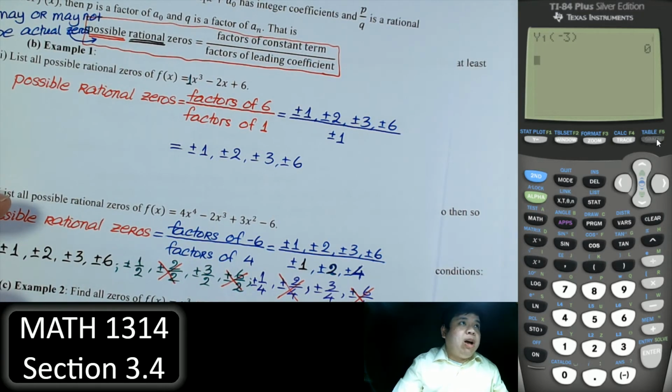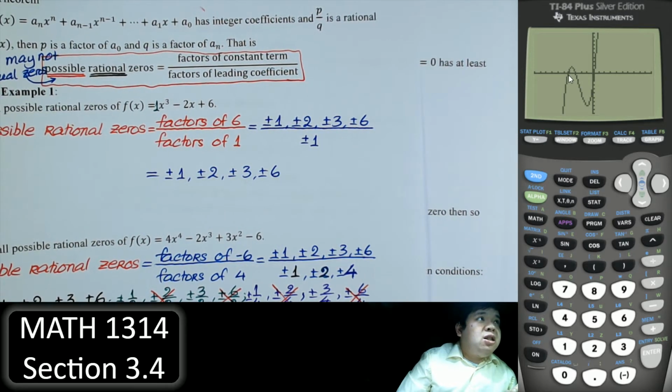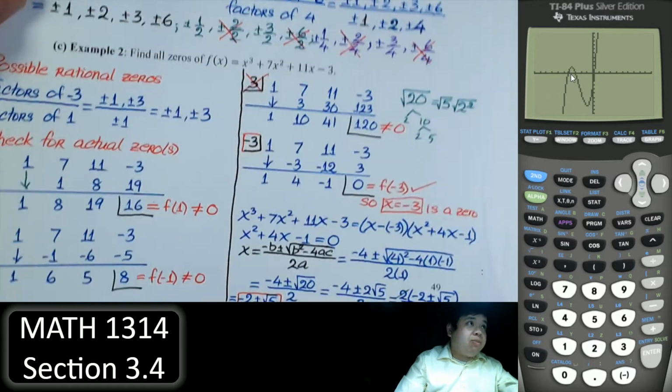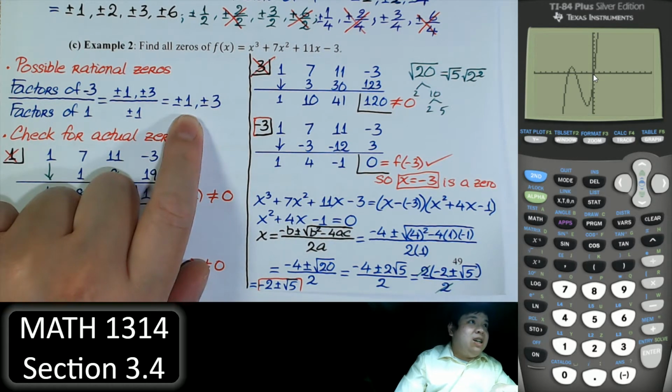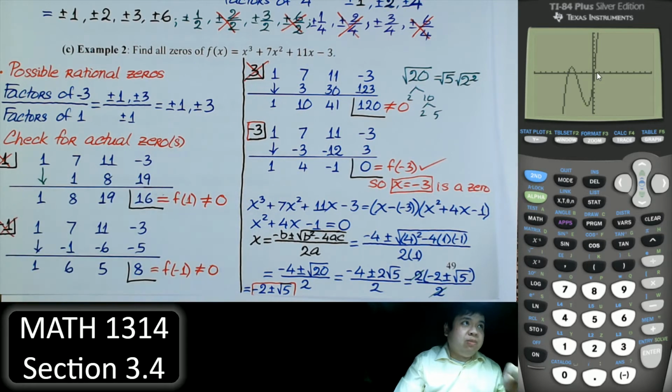When we look at the graph, we see it goes through negative 3 definitely. This one is close to negative 5, but we know it's not in the list, so it's not going to work. This one is between 0 and 1. We don't have any rational number there.